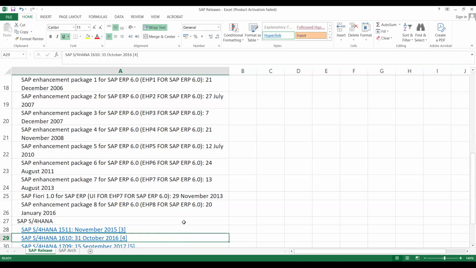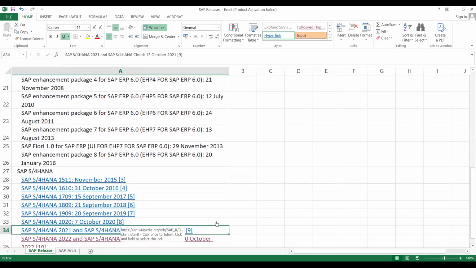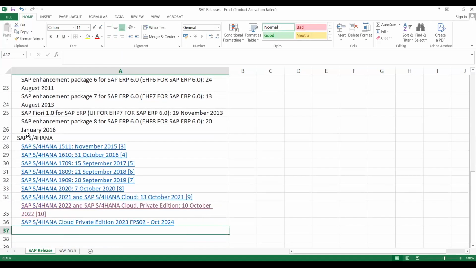Okay, so this HANA database, they launched HANA in 2015, and these are the different versions that were released. Till 2020, the naming convention was like 1511, which was released in November 2015, so November 2015 means SAP S/4HANA 1511. 1610 means October 2016. 1709, 1809 means September was the month and the release years were 2017 and 2018.